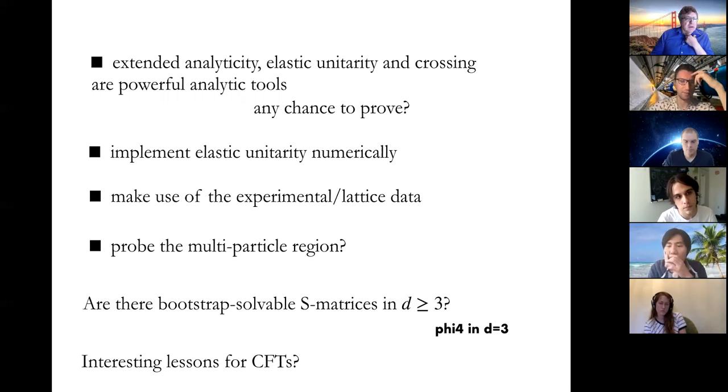In principle, all this analytic structure is completely universal, but it would be really interesting if we can solve some concrete theory, and this is an open problem. It would be interesting to try, and maybe we haven't tried the right theory yet. So yeah, thank you.